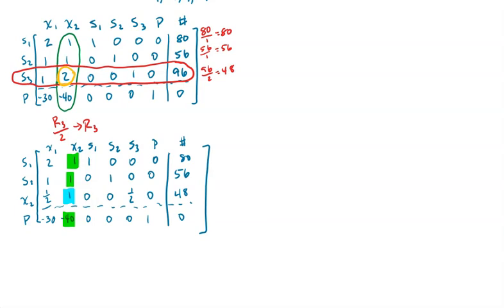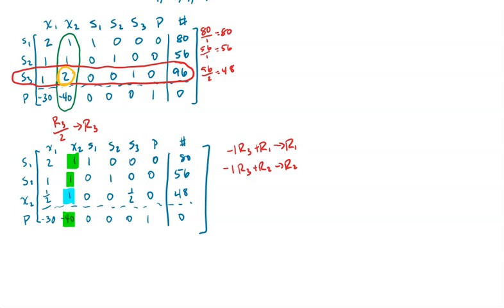To get the first one into a 0, we need to do -1 times row 3 plus row 1 replaces row 1. Next, we need -1 times row 3 plus row 2 replaces row 2.